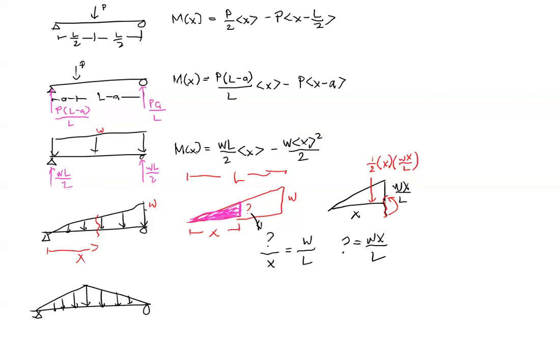Pero, to complete this, ito ay may distance na, anong distansya niya? This is 2/3x. This is 1/3x. So, kino-consider lang natin is yung moment arm nitong distributed load, ay, ng concentrated load. So, meron kang M sub x dito. M sub x will be positive.